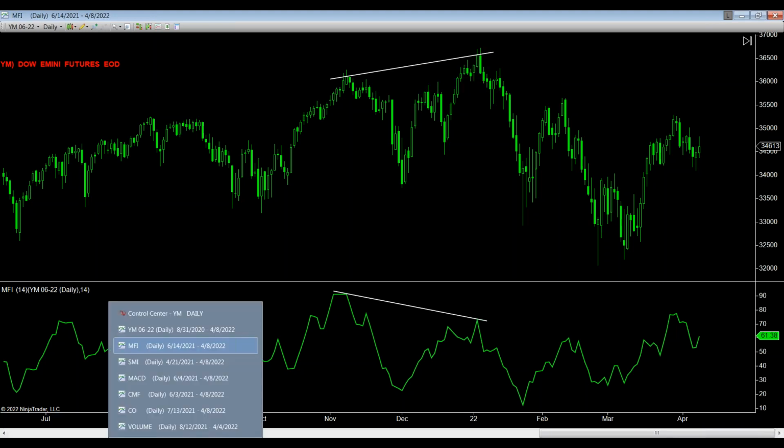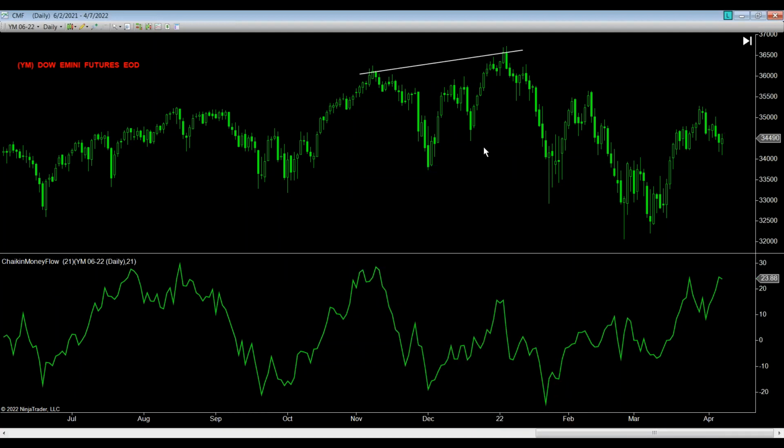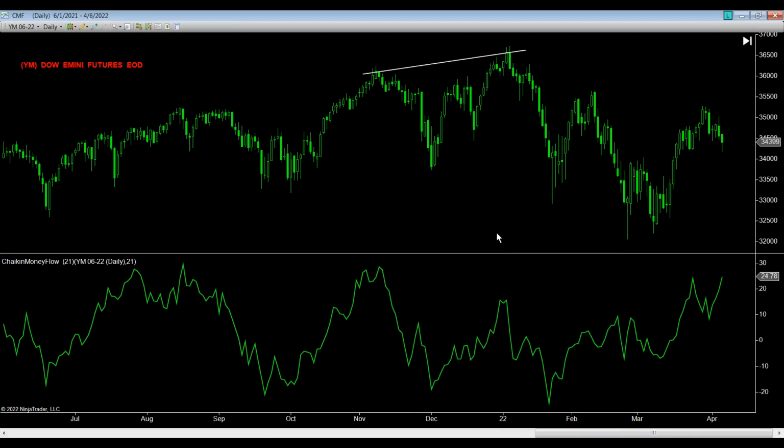And now, where most traders are only looking at one money flow indicator, we're looking at two. So here's a copy and paste of the trend line, and here's another strong negative divergence out of the CMF as compared to the prices. Now, I'm not going to get this exact because I don't want to chew up all the time here.